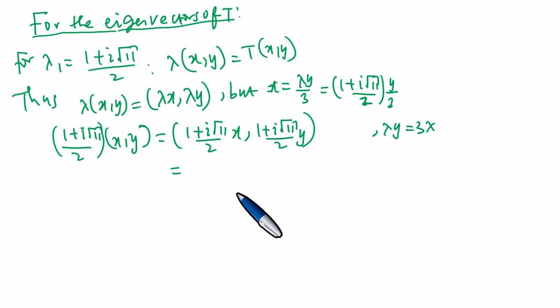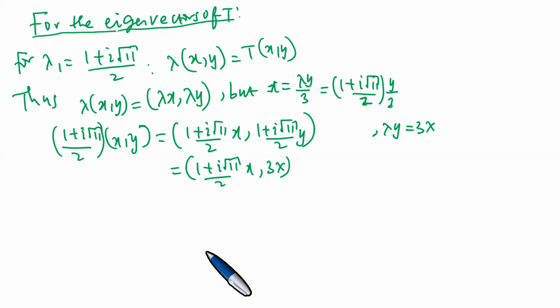So wherever you're seeing lambda y, you can write it as 3x. All these are equivalent steps anyway. This is lambda y, this component, but lambda y is actually 3x. And that gives us an eigenvector.